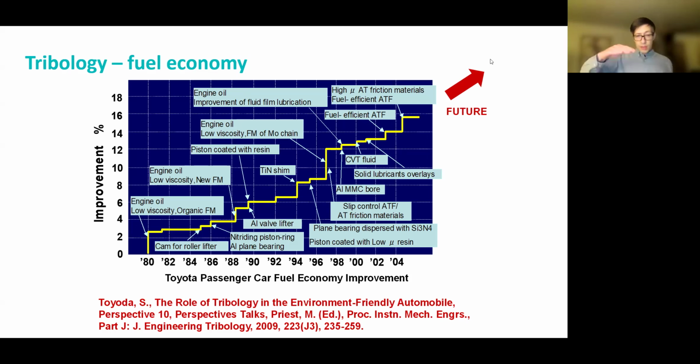So we can see that over the years those improvements were increasing and increasing, and you can see a number of different discoveries, whether it's new lubricant composition, new materials and coatings like titanium nitride, or maybe new design solutions. Those discoveries contribute to better fuel economy, and this is the type of work that tribologists would normally do.